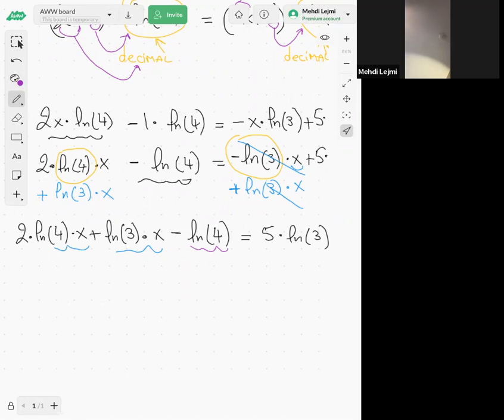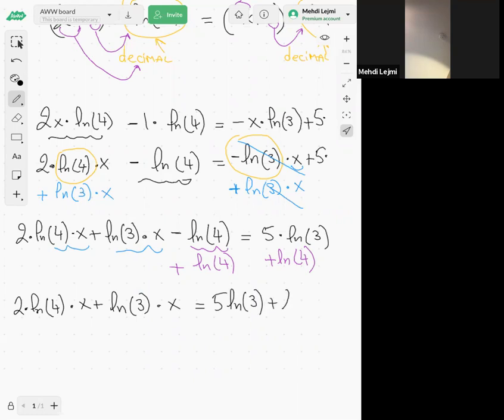I'm going to add plus natural log of 4 and do the same thing, of course, on the right side. So that's now 2 times natural log of 4 times x plus natural log of 3 times x, and on the right side, we're going to have 5 natural log of 3 plus natural log of 4.